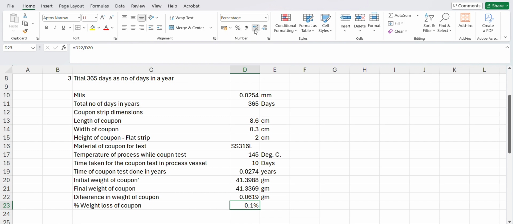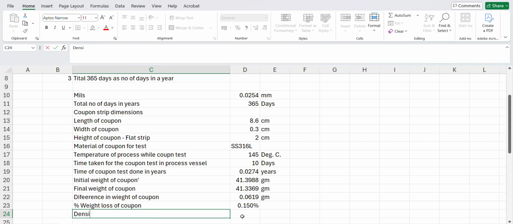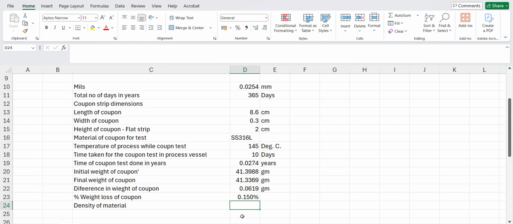Then we have selected the material, so the density of the material is as per the standards available for SS material. I have taken the density in kg per meter cube.